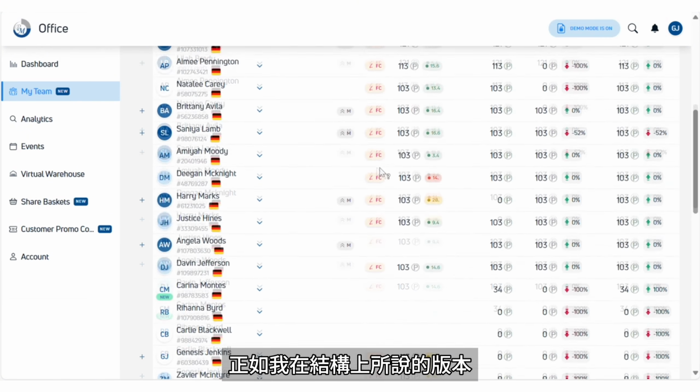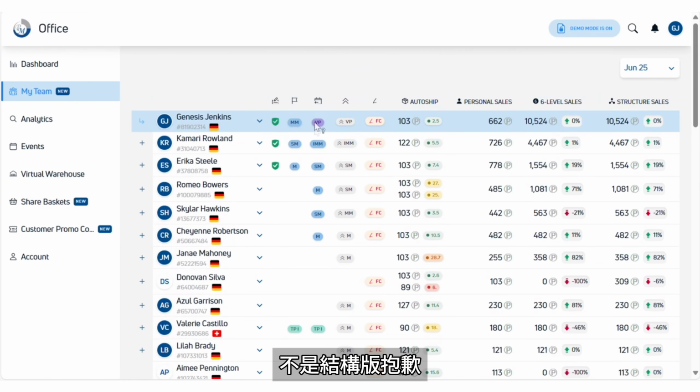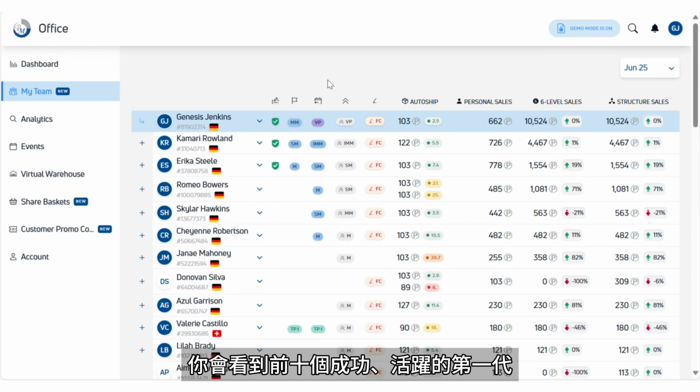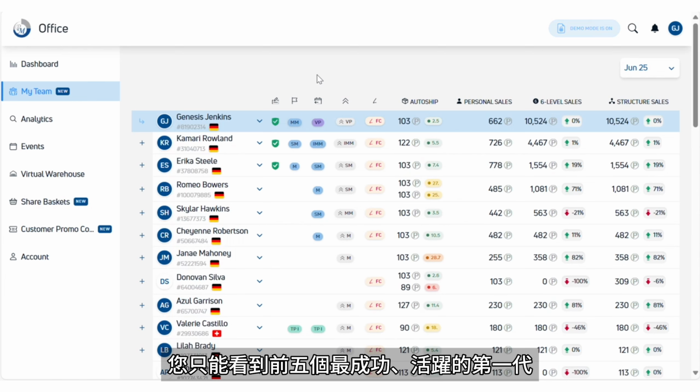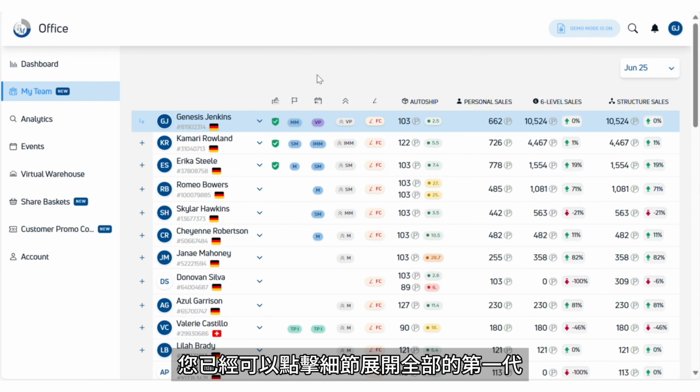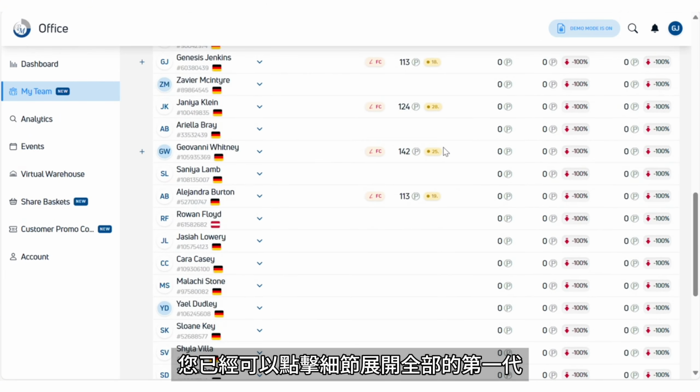As I said, on the desktop version, there is at the beginning the 10 most successful ones. On a mobile version, due to the space, it is only the 5 most successful ones. But as I said, you can already click to open the entire first line.